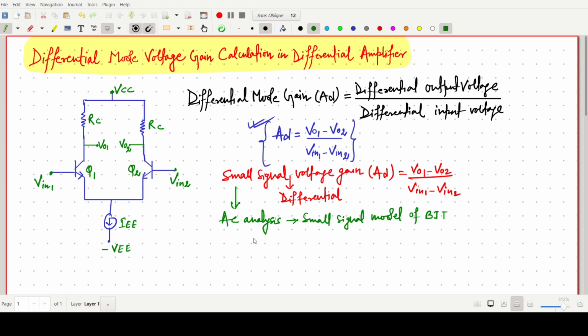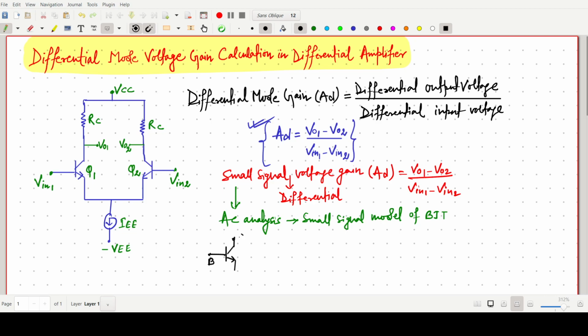It may be BJT or MOSFET. Here we have to think about the small signal model of BJT. So we have to replace the transistor with its small signal model.